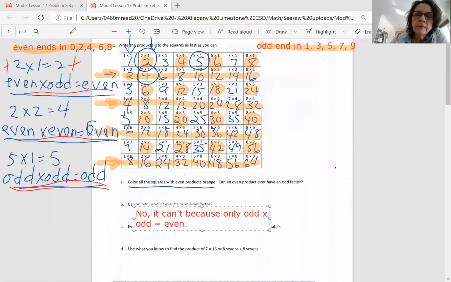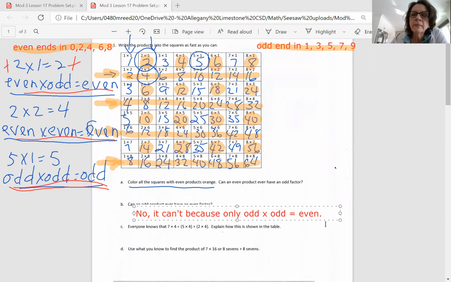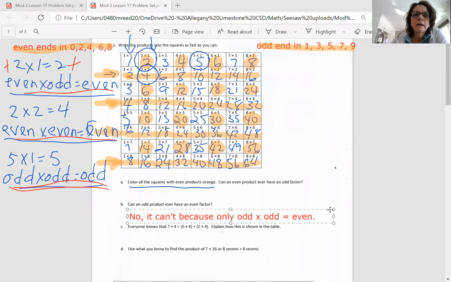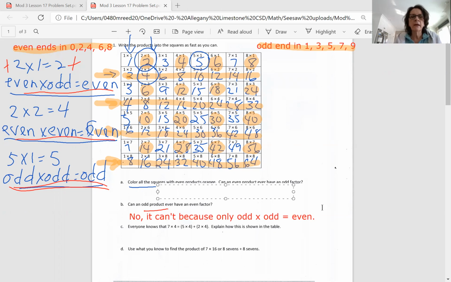Okay, let me see if I can extend this a little bit. There we go. Maybe move it down a little bit. I'm not sure what happened to my first answer, so I'm going to go back and fill that in again. Yes, it can, because even times odd equals even.